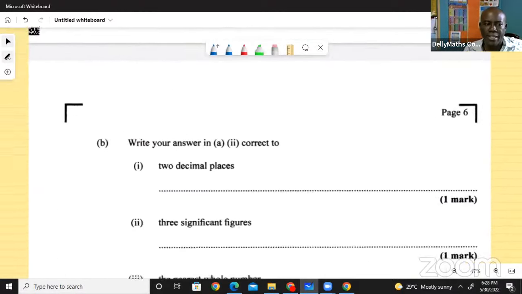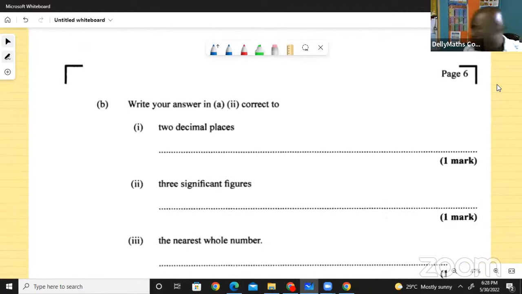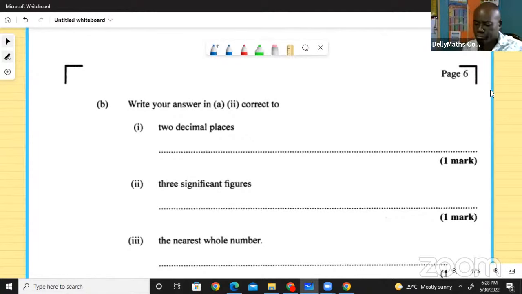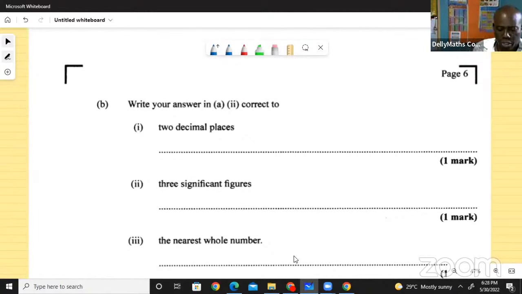So here is the first task. The first task says write your answer. The answer that we got above was actually, let me write it here, 23.826.